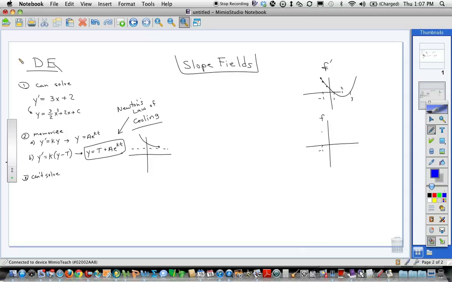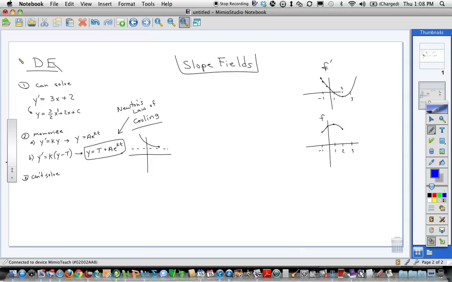So I'll just start here, and I'll draw it up, but it's decreasing until 1. And at 1, we have a local max, right? It changes from positive to negative. Now f prime is negative and getting more negative until 2. What's that mean this graph's doing? Decreasing and concave down until 2.